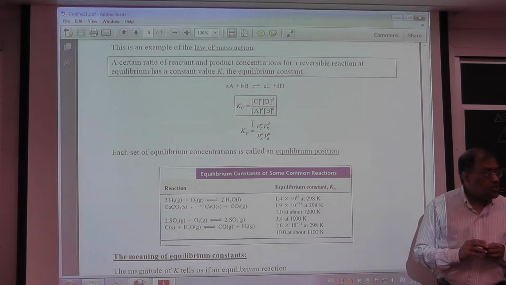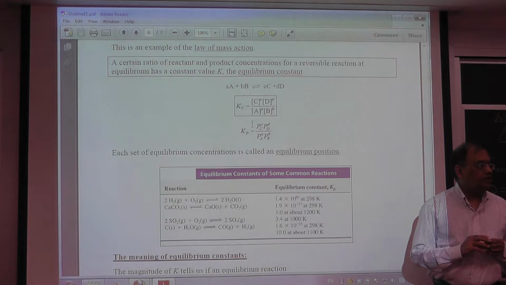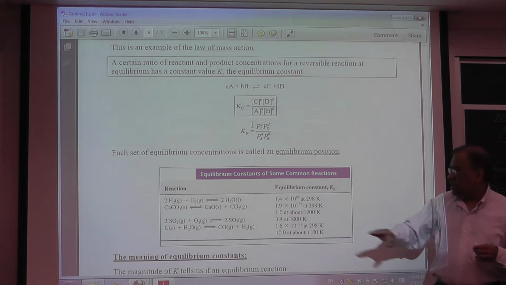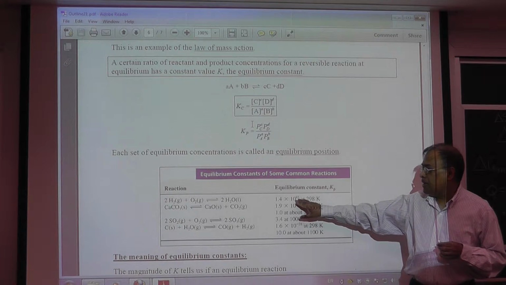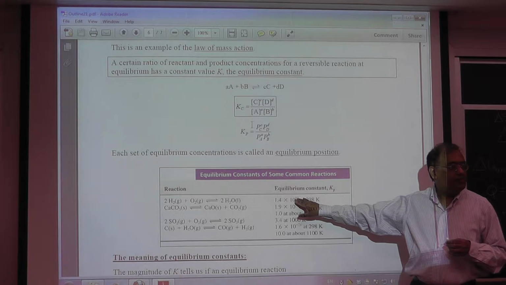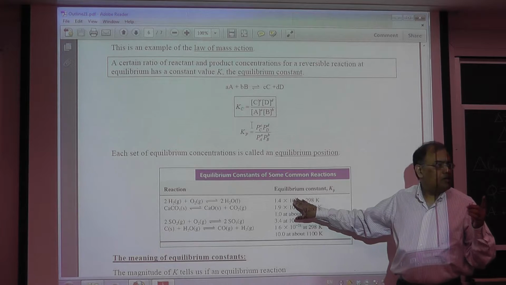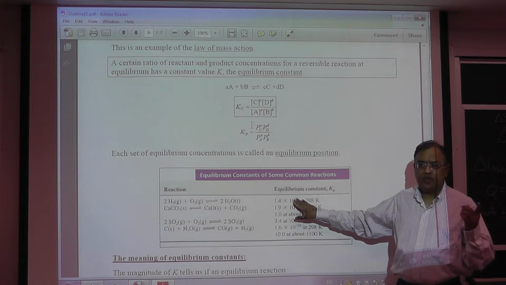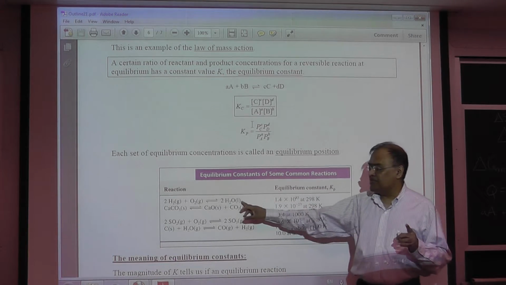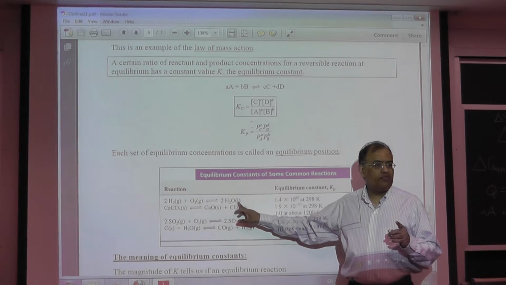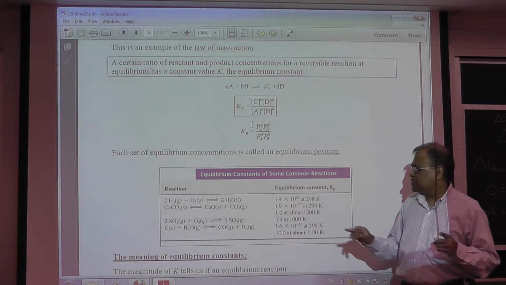It is extremely product favored. Okay, the equilibrium constant is 1 times 10 to the power 83. In class yesterday we found the equilibrium constant for the reverse reaction, and we found that it was 10 to the power minus 84 or something like that.